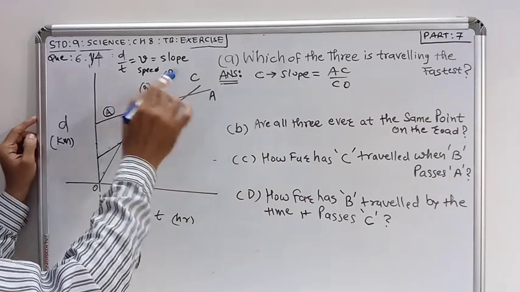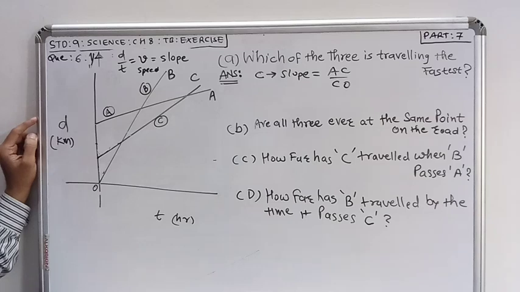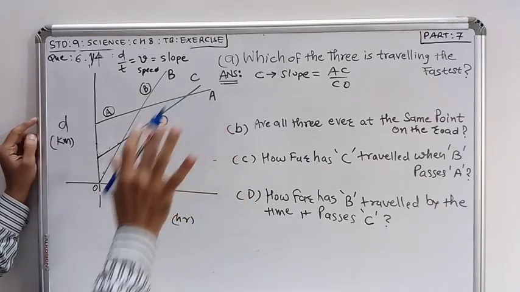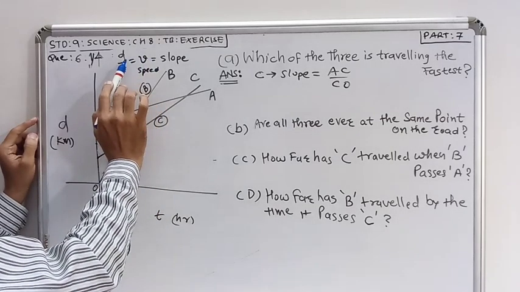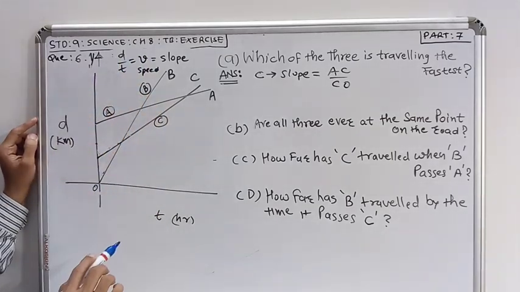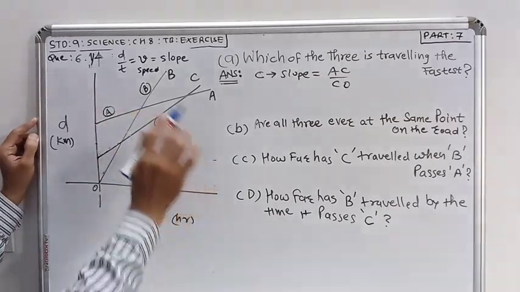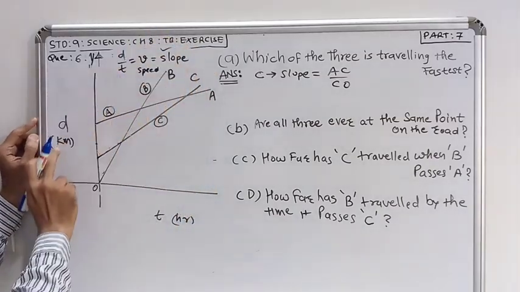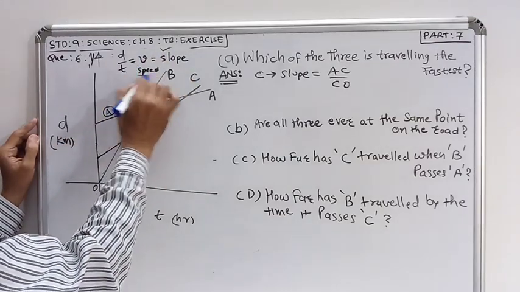A, B and C particles. Who is traveling fastest? Fastest means here speed. Whose speed is more? Speed is given by the distance upon time. And in the graph D versus T, if you take the slope of the graph D versus T, then slope gives the speed.